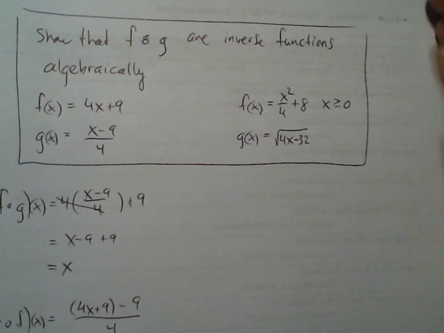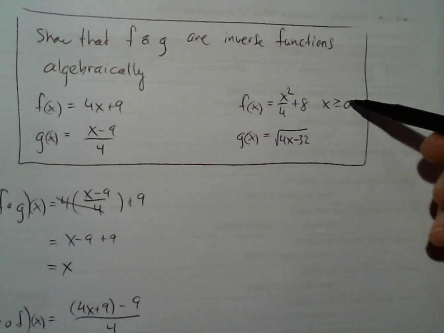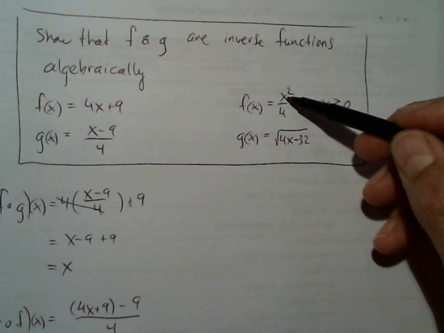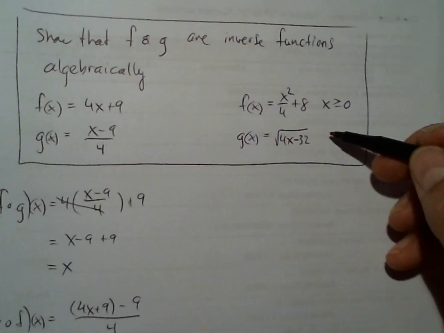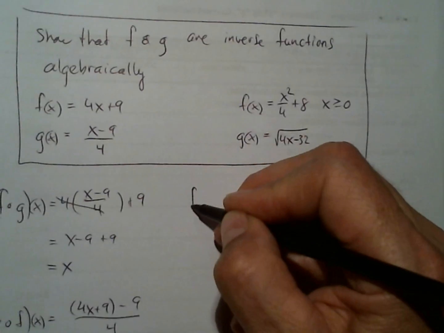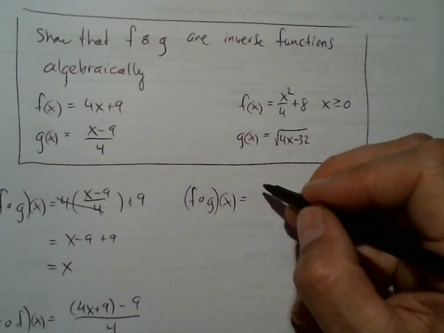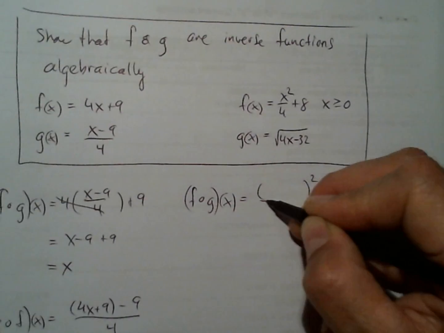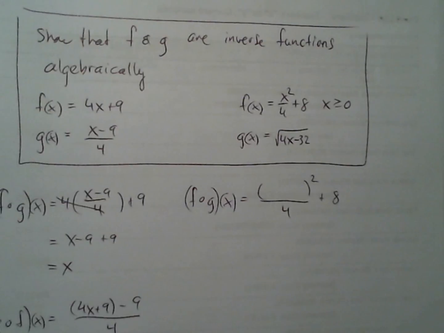All right, you do the same for this one, and this just means that we're only going to put in 0 or positive numbers here. So pause it and try that one. If we're doing f of g, we leave a space.